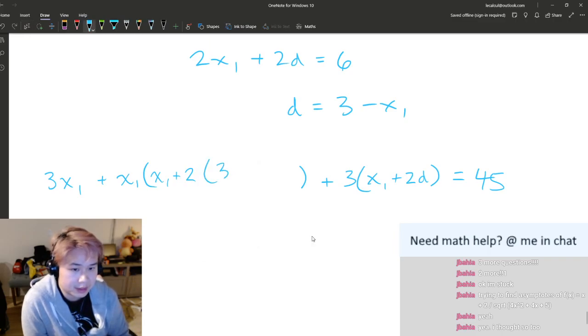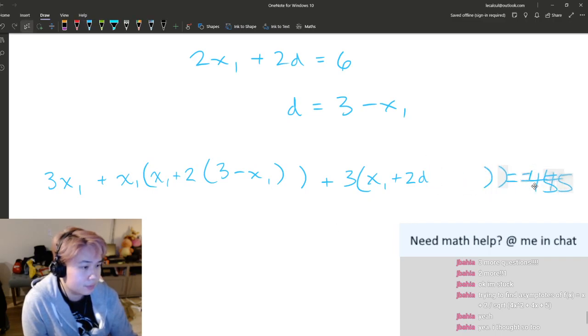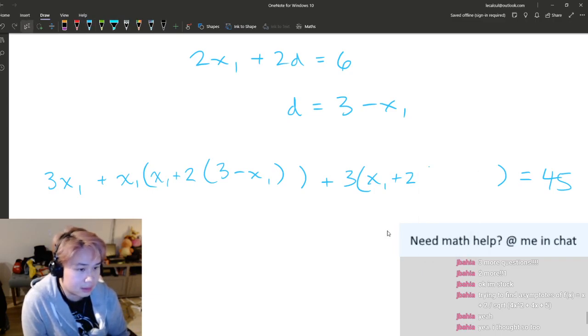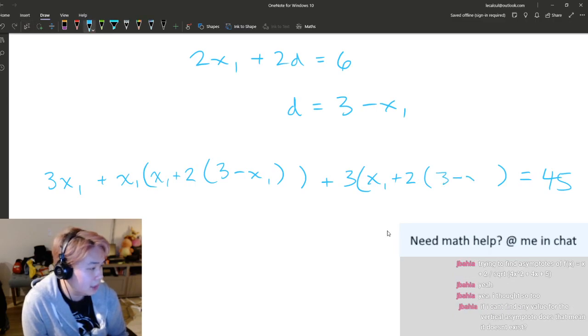So this becomes 3 minus x1. And likewise, this becomes 3 minus x1.